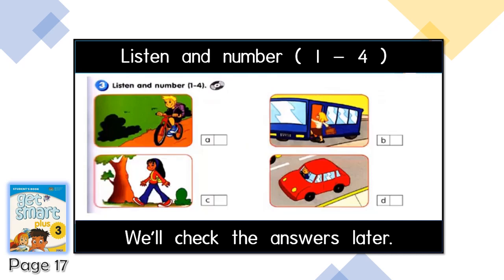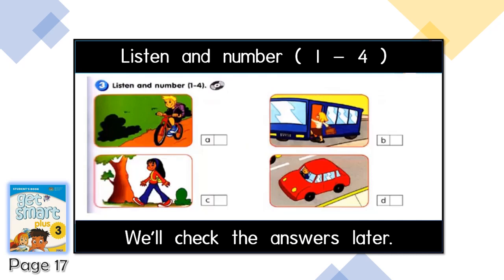1. Does Mona always walk to school? Yes, she does. She always walks to school. 2. Does Ryan take the bus to school? No, he doesn't. He always rides his bike to school. 3.